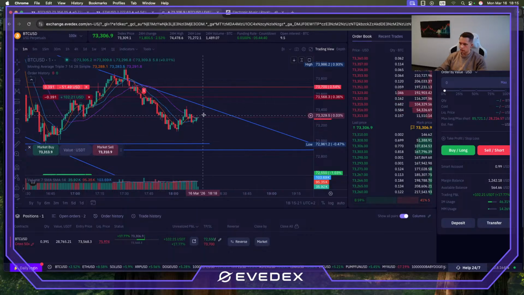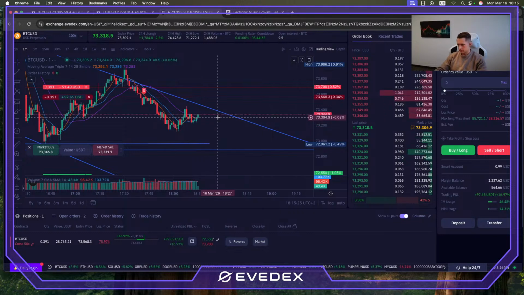So here it currently looks like a little mini downtrend.